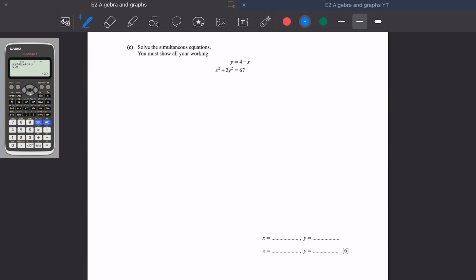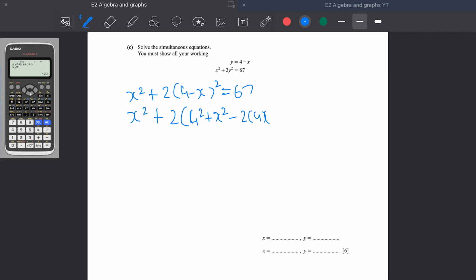Now we have y is equal to 4 minus x and x squared plus 2y squared is equal to 67. So let's substitute y is equal to 4 minus x into the second equation. X squared plus 2 into (4 minus x) whole square is equal to 67. So x squared plus 2 into 4 squared plus x squared minus 2 into 4 into x becomes 67.